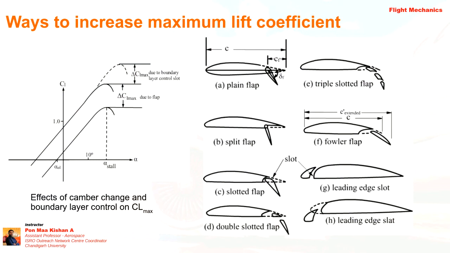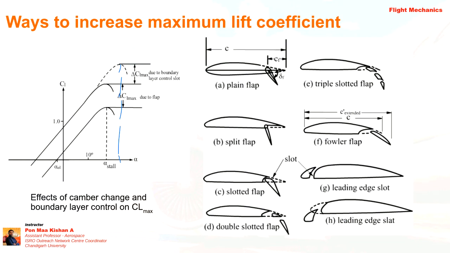Another thing is, apart from using the flap, if you use the slat together with the flap, which I have shown in the image, then we can increase CL max further, and our stall angle will also increase.